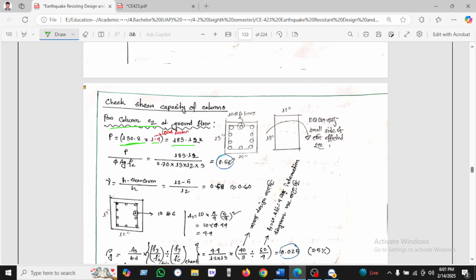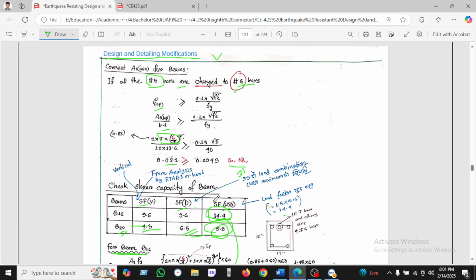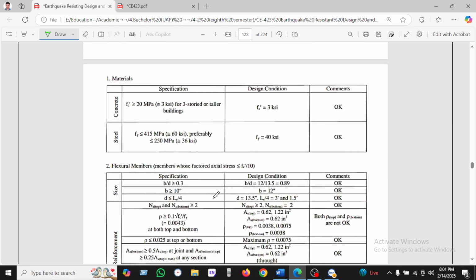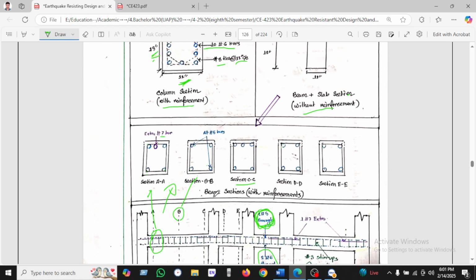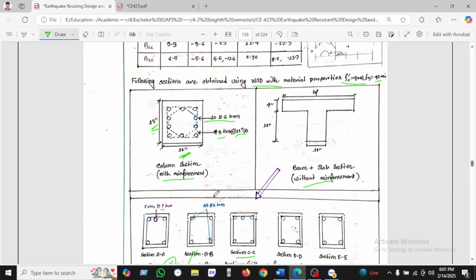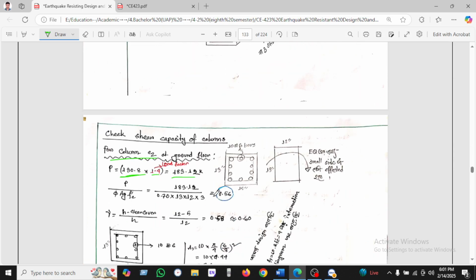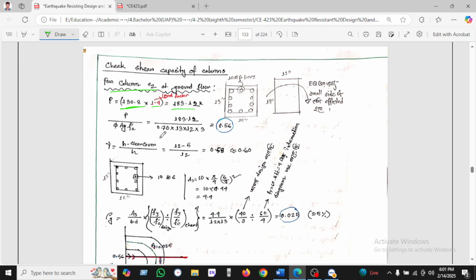Okay, 130.8. It may be the axial load we have been found in calculating. Okay, let's see how we get this.